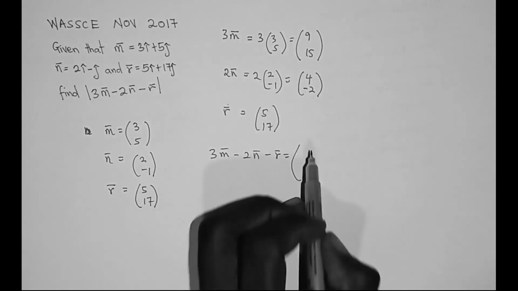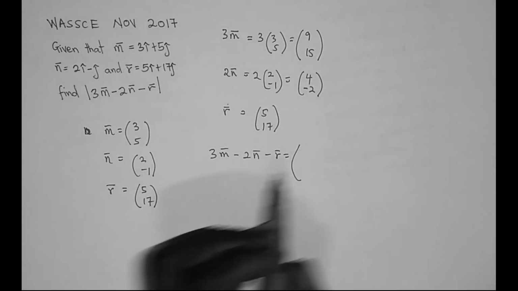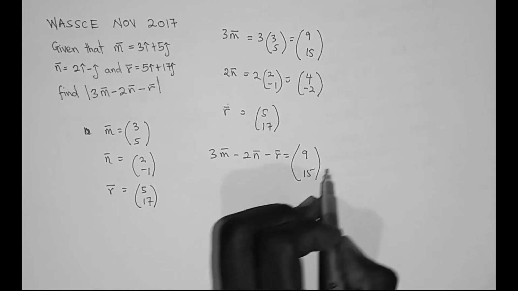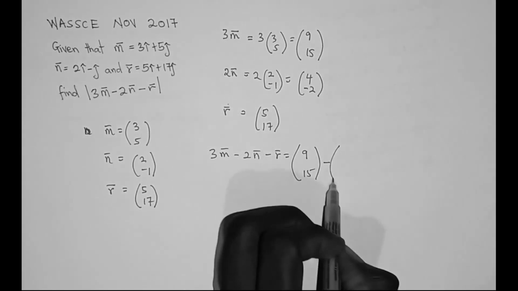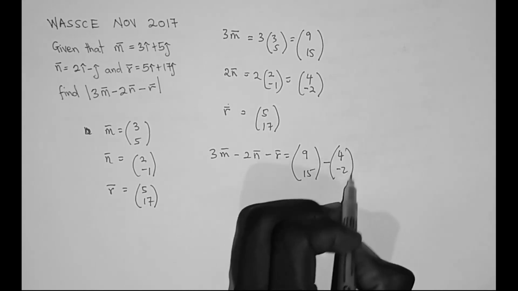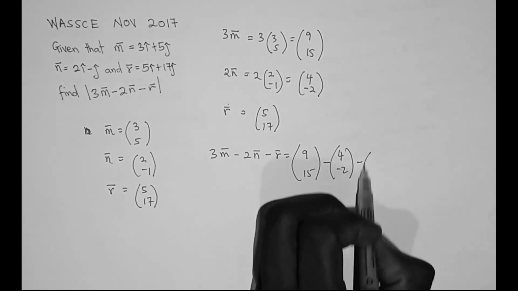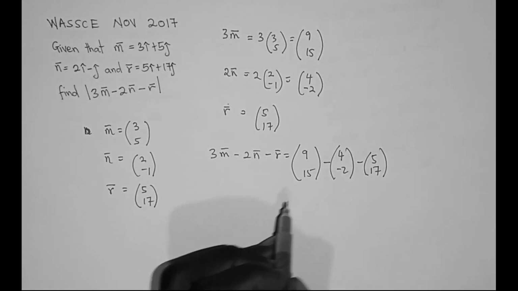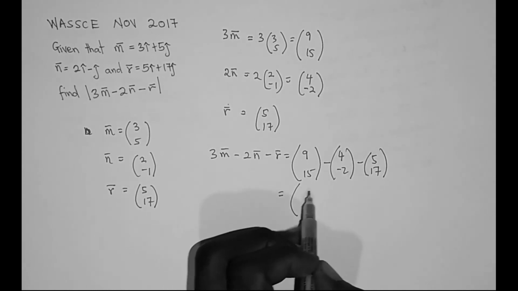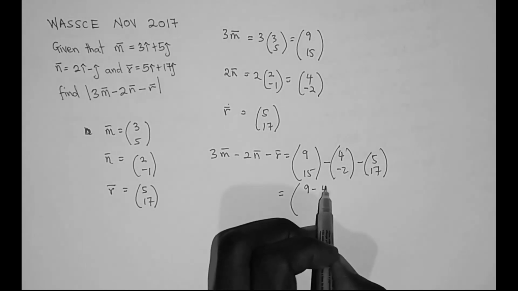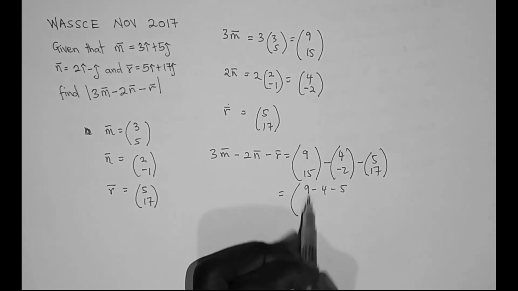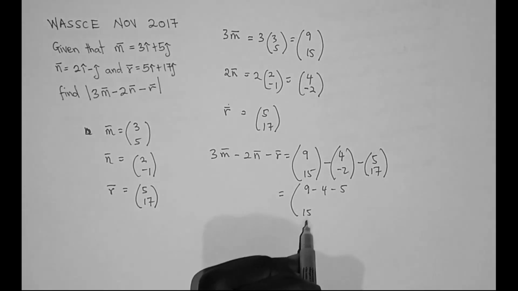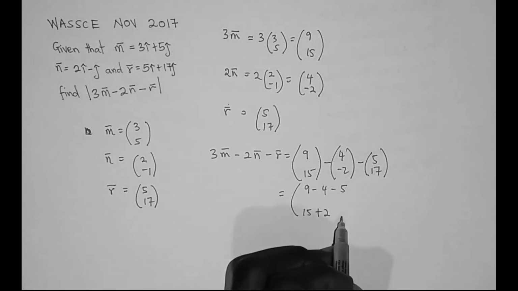So 3m minus 2n minus r equals 3m is 9, 15, then minus 2n is 4, -2, then minus r is minus 5, 17. So writing this as one column vector, it becomes 9 minus 4 minus 5, and then down here 15, minus -2 becomes plus 2, then minus 17.